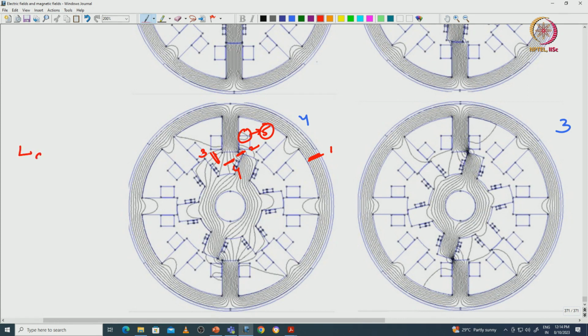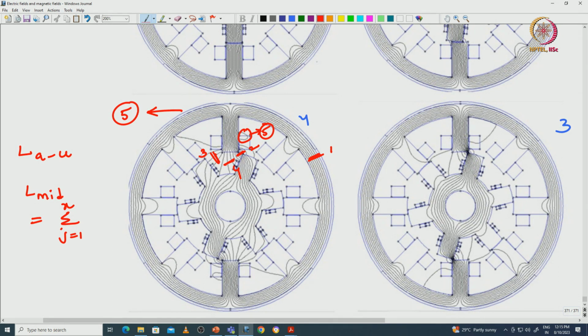So, the intermediate inductance from the aligned to the unaligned position we can calculate as sigma j equals 1 to x, where x represents the regions, like the 5 regions I am assuming here with respect to the flux plot, or more regions can be assumed for accurate calculation of the inductance.